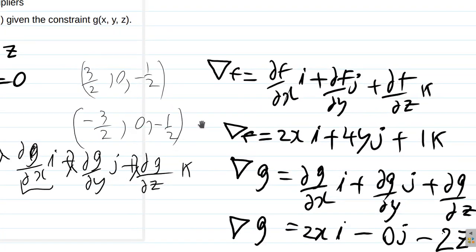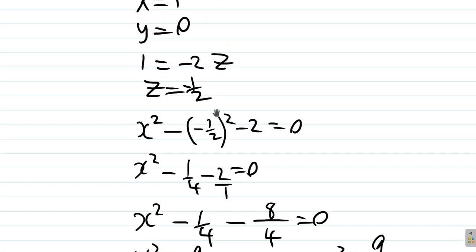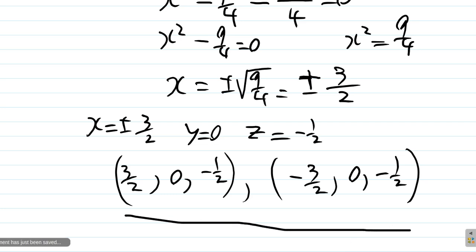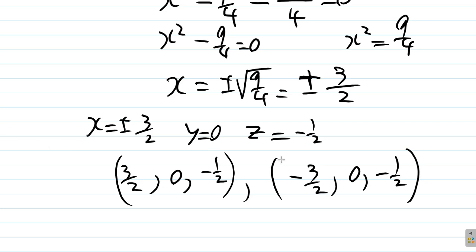And negative 3 over 2, 0, negative half. Those are the coordinates for the stationary, the critical points. Alright? So, did you get that? If you didn't, I'm going to ask you to redo it, so that you get back these as the coordinates of the critical points.